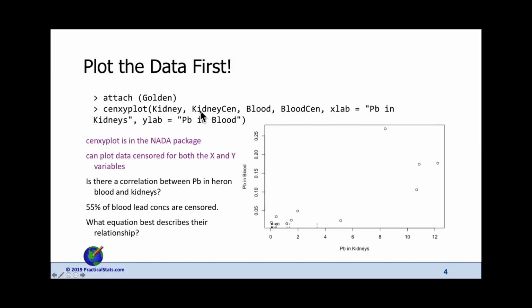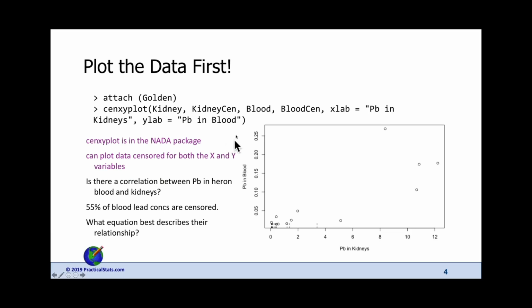For all of these procedures, the column that says kidney here would be the concentrations of lead in kidneys. And if there were Nondetects there also, then there would be the value for the detection limit in that column. And then the indicator column, which is the second column right after that, would have a 0 or a 1, or it could be a TRUE or FALSE in capitals.